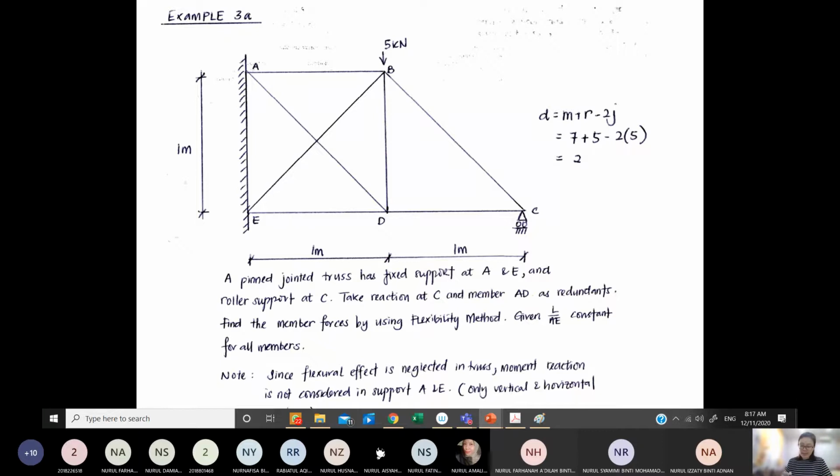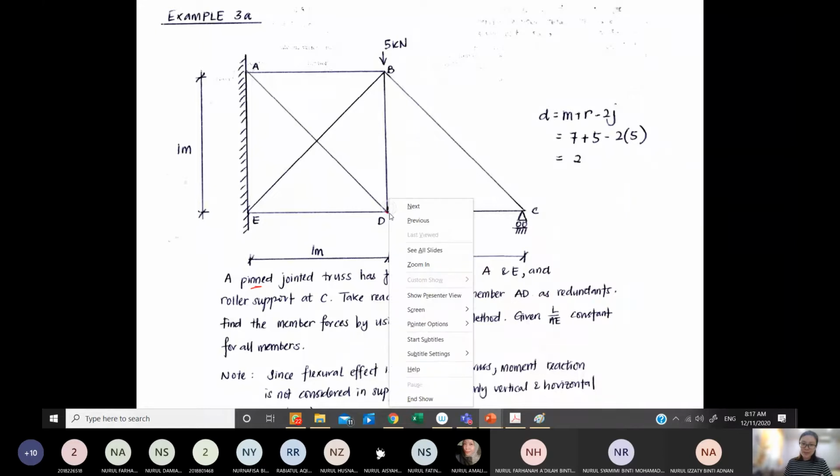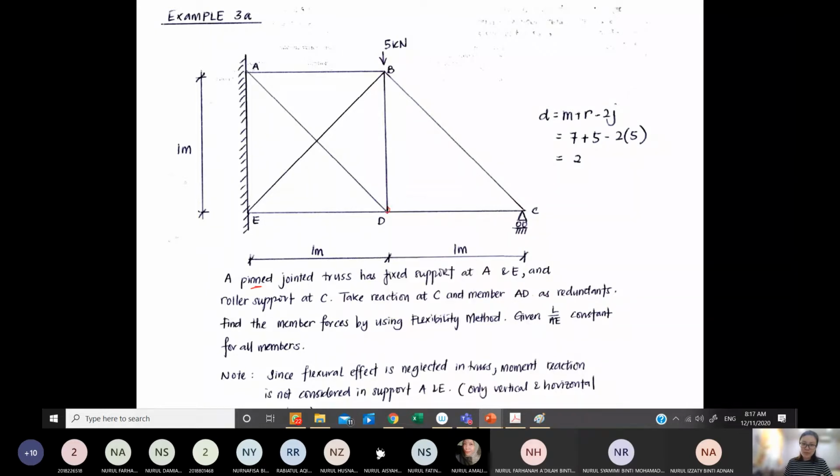So now let's have a look at the statement of the given problem. A pin jointed truss. To get this proper, you should have a pin symbol here, normally a circle.